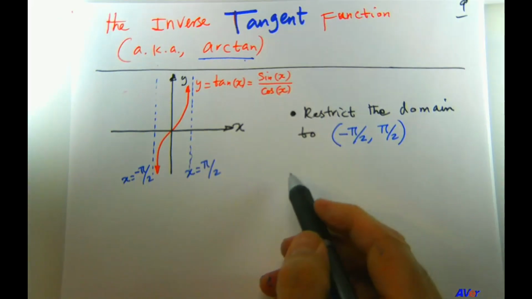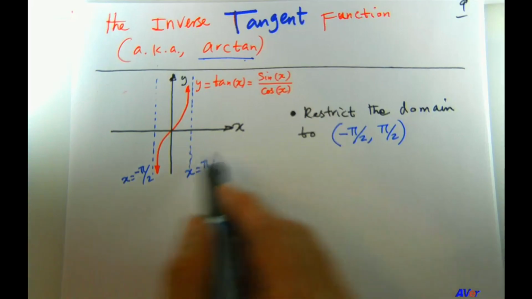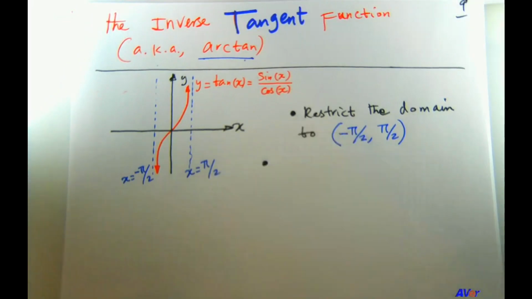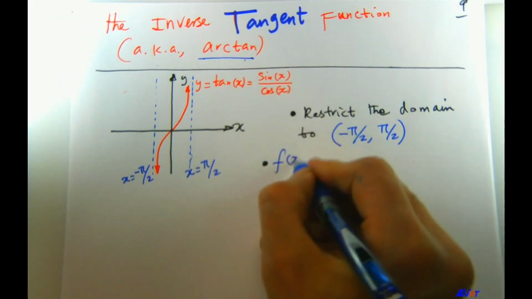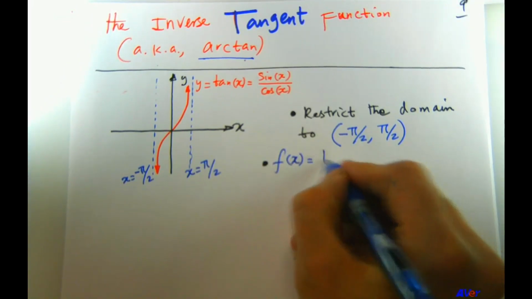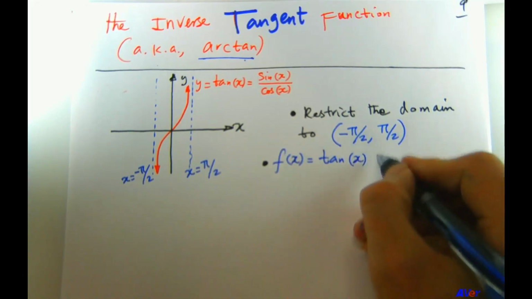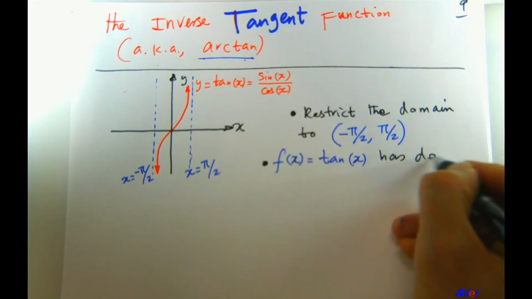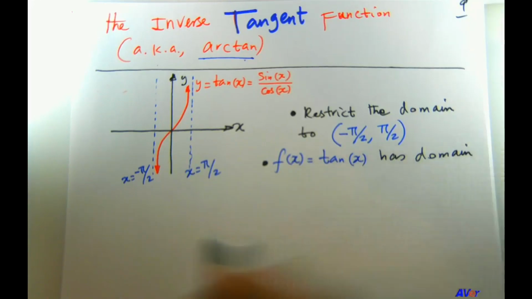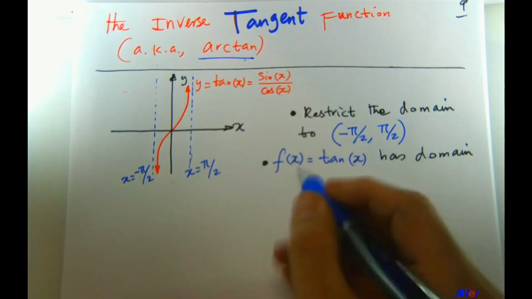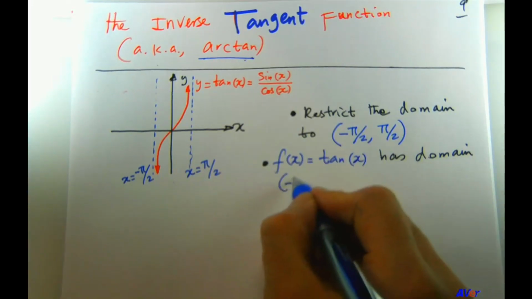Then, looking at this graph, we know that f of x equals tangent of x has domain negative pi over 2 to pi over 2.